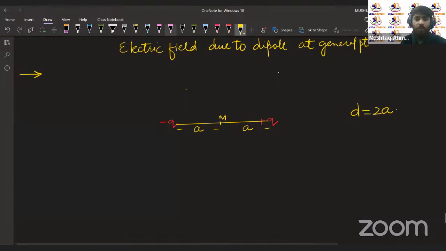And at some general point, we have to find the electric field due to this dipole. Let's suppose this is the point. This is the general point where we have to calculate the electric field.